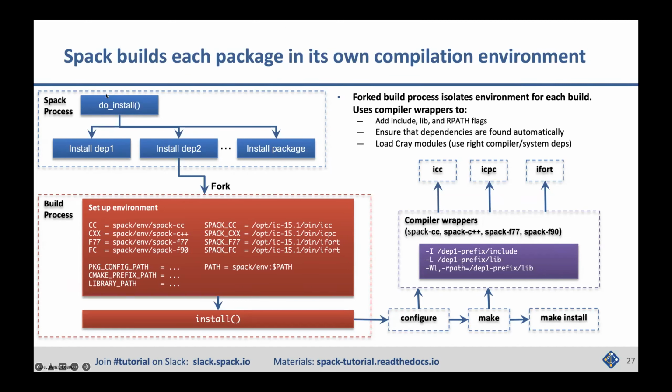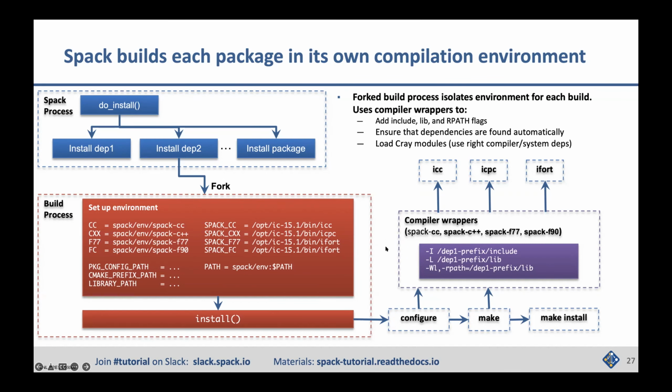And so what Spack does for everything that it installs, every build gets a separate process, and every build process has this environment set up where we set all the build-sensitive environment variables for you. We override your PKG_CONFIG_PATH, LIBRARY_PATH, and CC, CXX, F77, FC. And we point those at our own compiler wrappers.